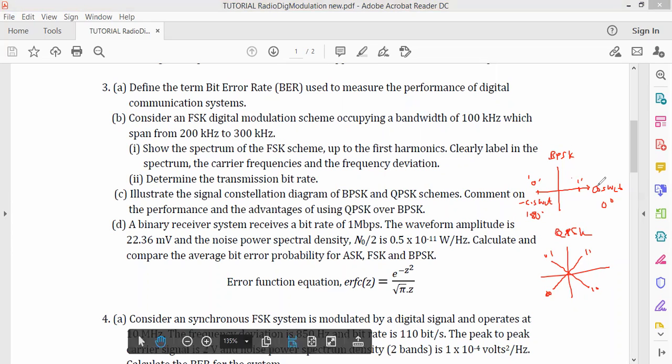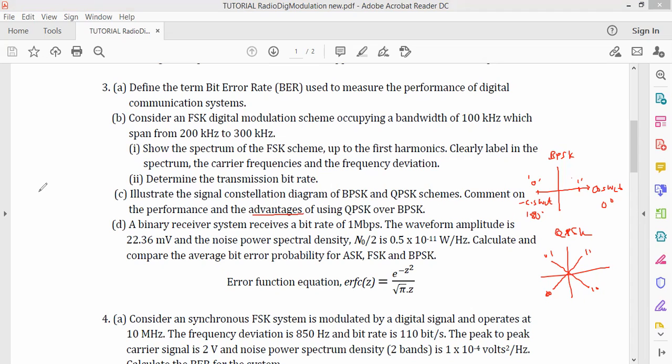So you need to draw or sketch these two constellation diagrams, and then comment on the performance and advantages of using QPSK and BPSK. Okay, we know that the main advantage is in terms of spectrum efficiency, right? Where we can transmit higher bits.